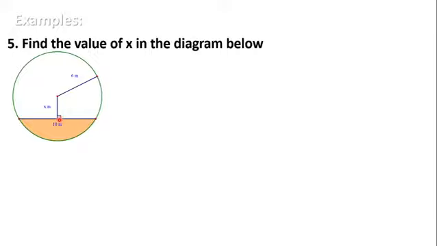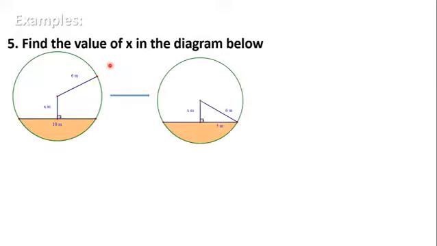Now, this diagram has shown us that the radius is 6 centimeters, or 6 meters rather. It means that I could actually redraw this diagram to be like this. You wonder why? The reason is that the radii are the same in any direction that you draw them.